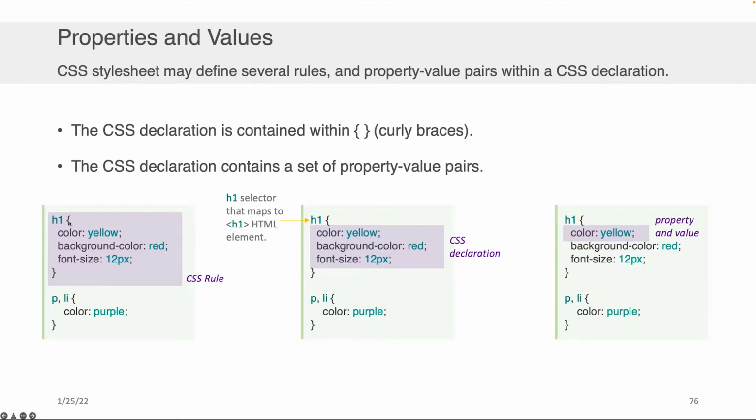Additionally, you always have a name and a value pair, or oftentimes referred to in CSS lingo, a property and a value pair. Color yellow, background color red, font size 12px, and so on and so forth.